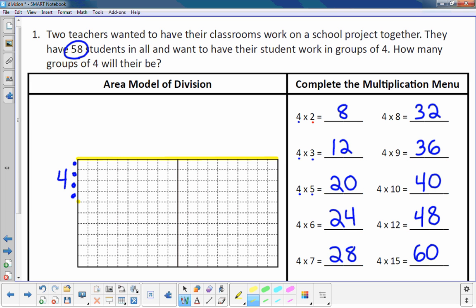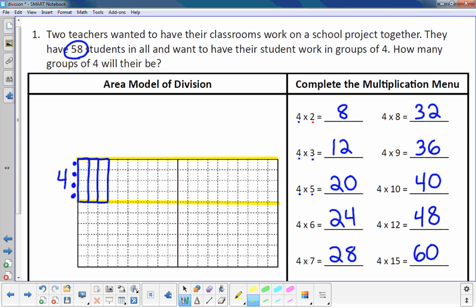And what I'm going to start doing is trying to create rectangular arrays or columns of 4. 4 times 1 is 4, 4 times 2 is 8, 4 times 3 is 12, and I'm trying to build a rectangular area of 58 with one dimension being 4. That's why I highlighted where the 4 is going to be, that dimension of 4.